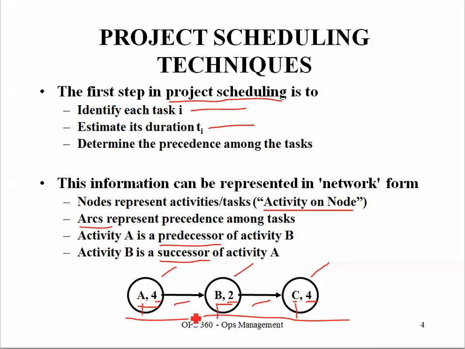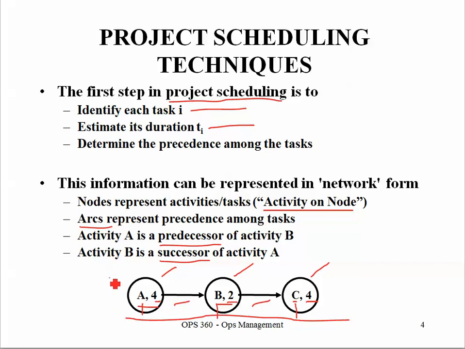Then clearly this very small project, which is comprised of just 3 activities, is going to take us, if our estimates are correct, 4 plus 2 plus 4 days, or a total of 10 days, because we can't start B until A is done, and we can't start C until B is done.